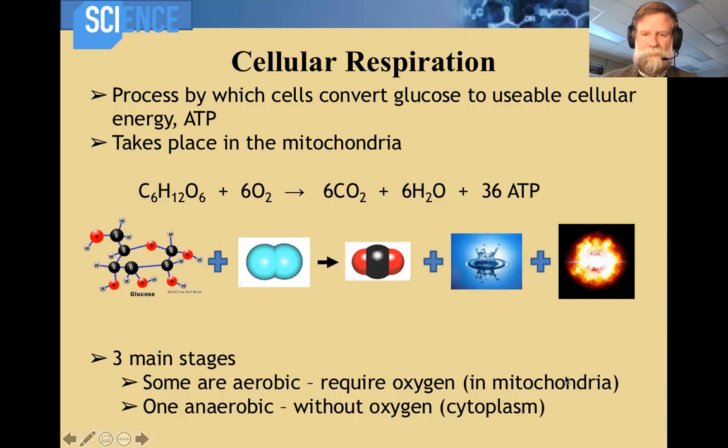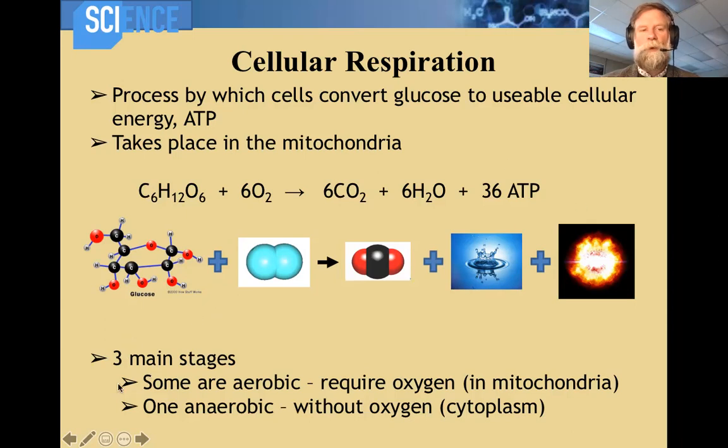And so you're going to see that number vary a little bit. But we mostly want to just track and account for our ATP and know where our reactants go and know where our electrons and hydrogen ions go. So glucose plus O2 yields CO2, water, and then our chemical energy.